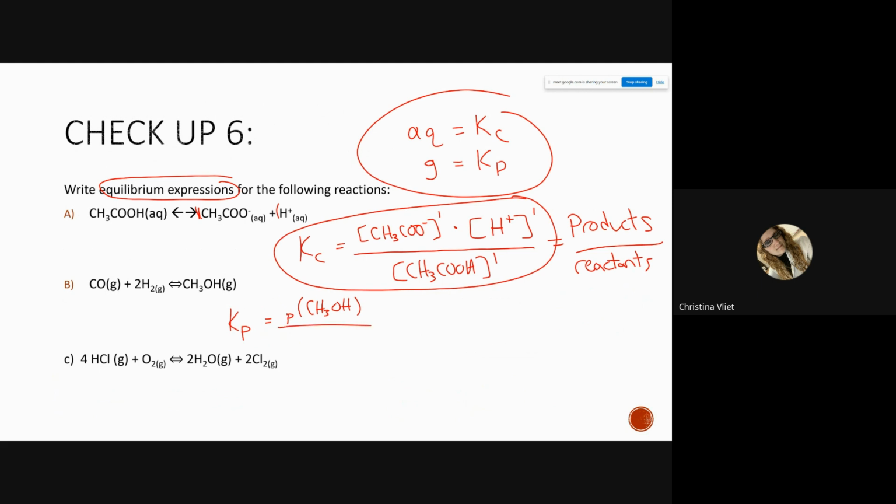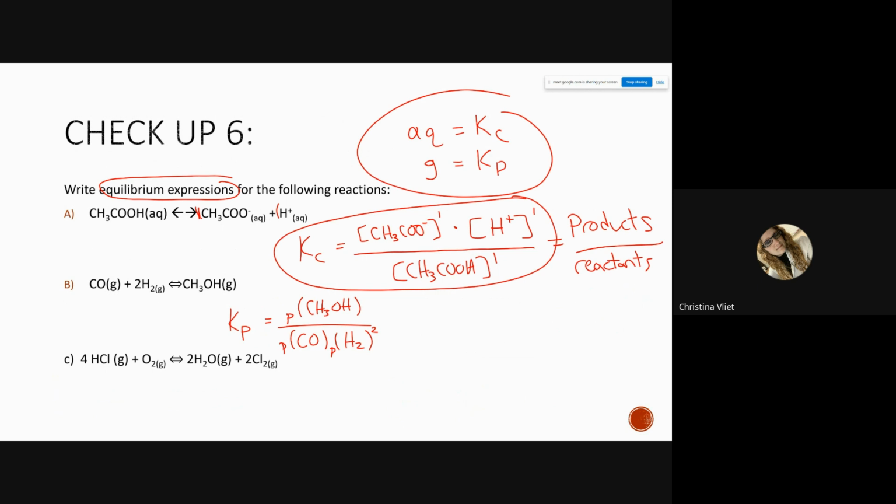And then on the bottom, our first reactant is CO, and our second reactant is H2. What's the exponent for that one? Like that. So it matters. If there's a 2 in the front, that means it matters exponentially. Whatever that concentration is, or that pressure, it would be squared to find the equilibrium constant.